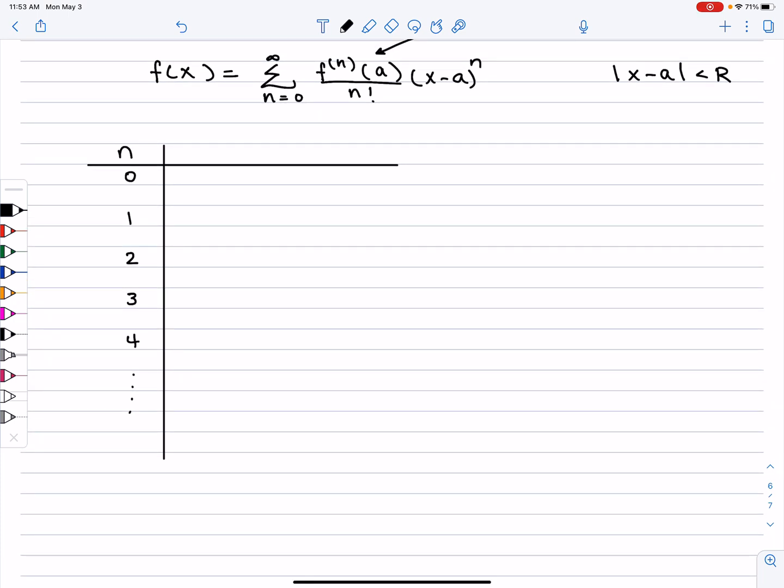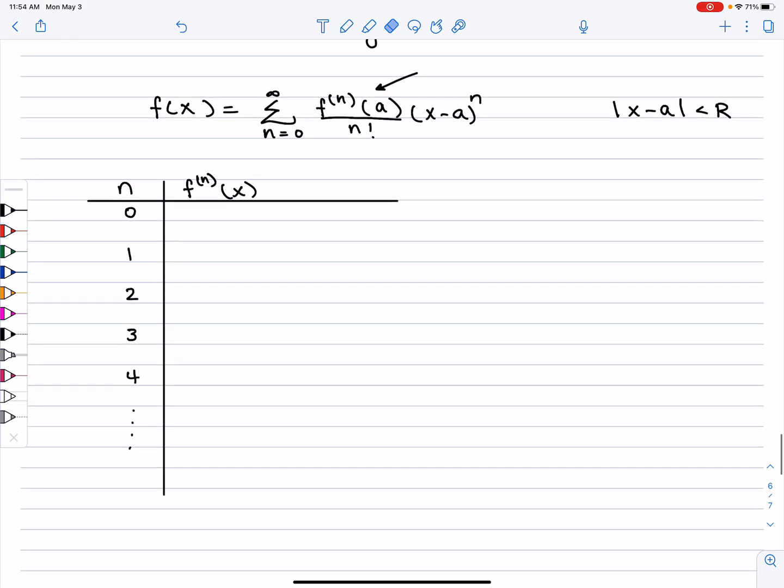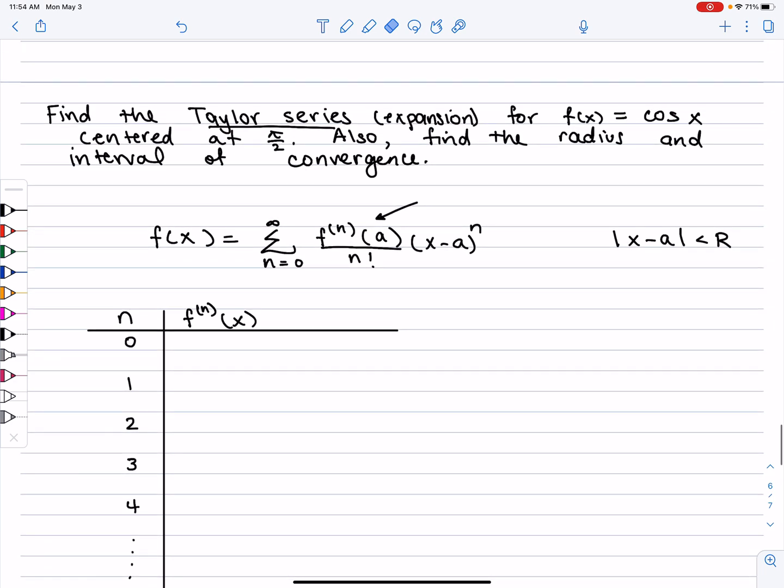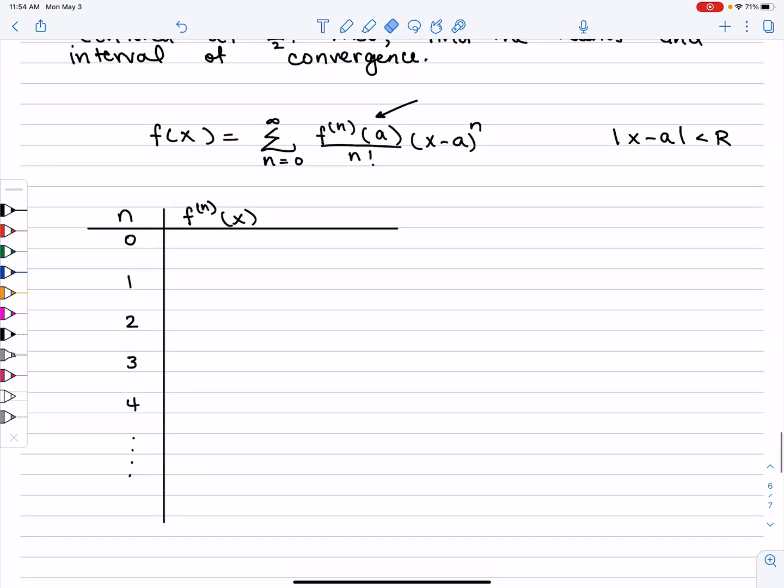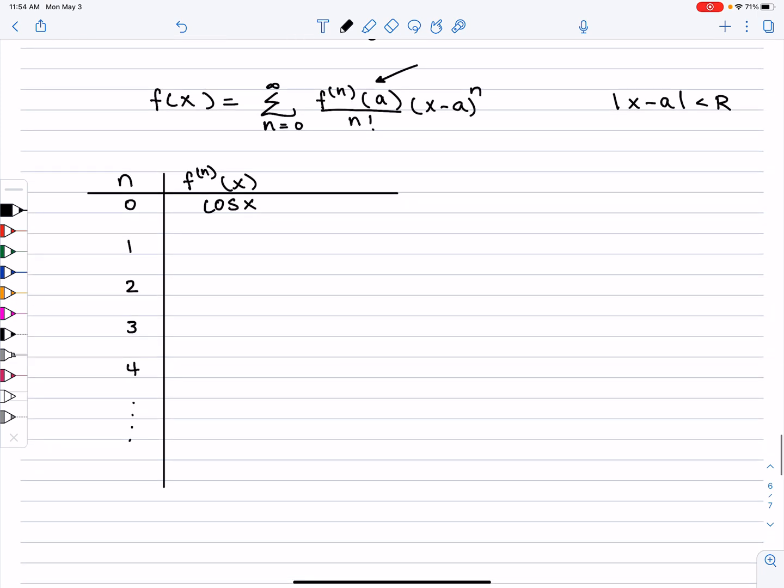And then we have the nth derivative of the function f, so the nth derivative at x. Remember, f of x is equal to cosine of x. So when n is equal to 0, we're looking at cosine of x. And when n is equal to 1, we're looking for the first derivative.